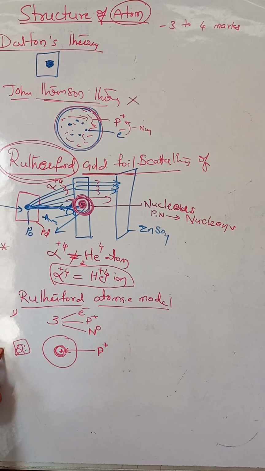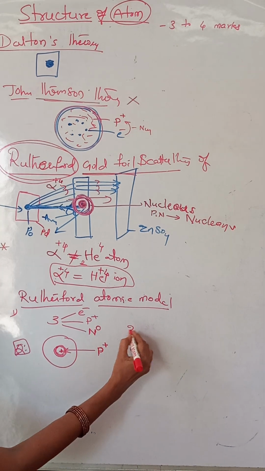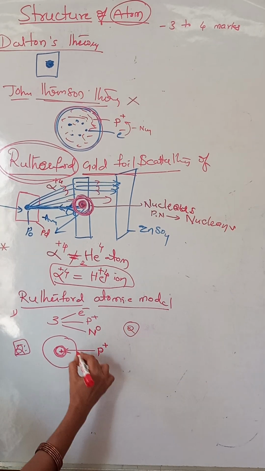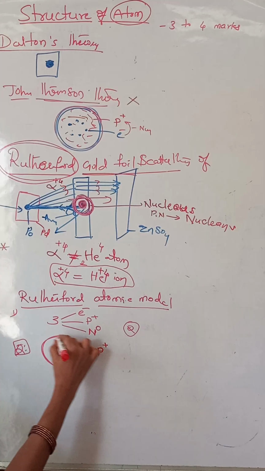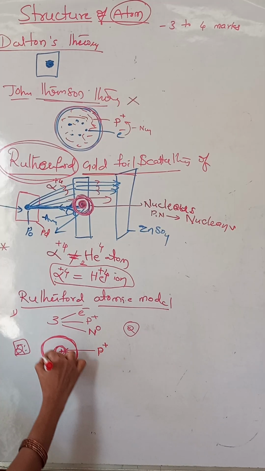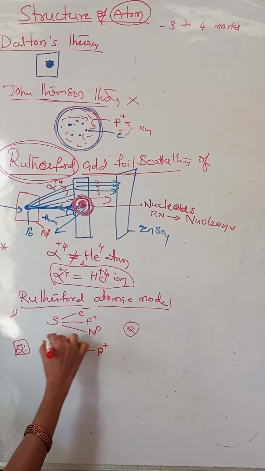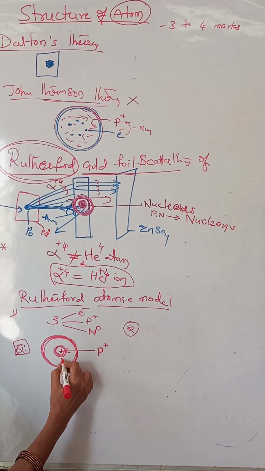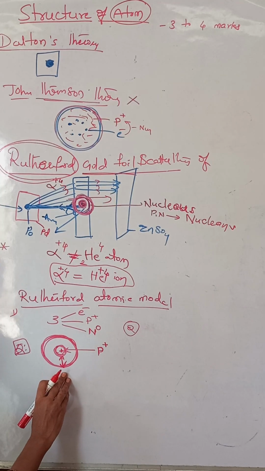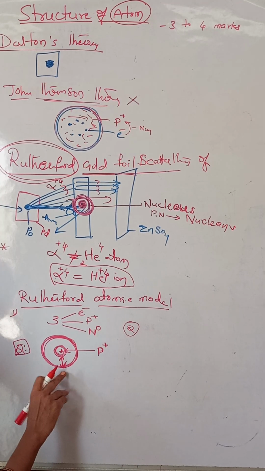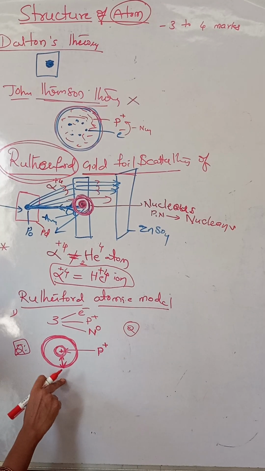Second, electrons revolve through a closed circular path, like planets revolve around the sun.